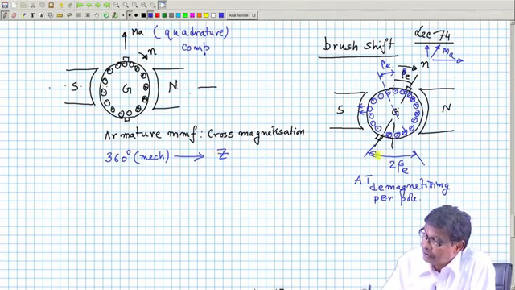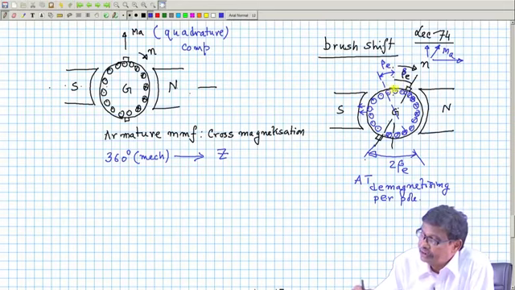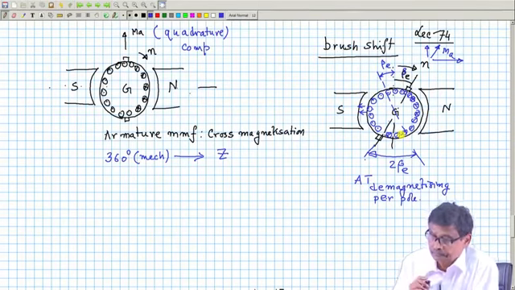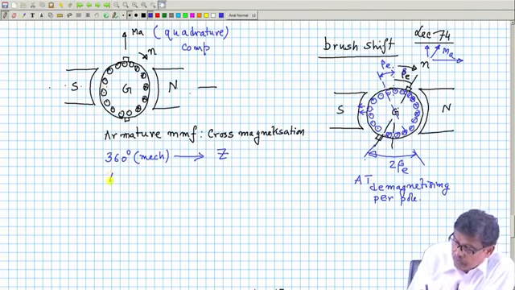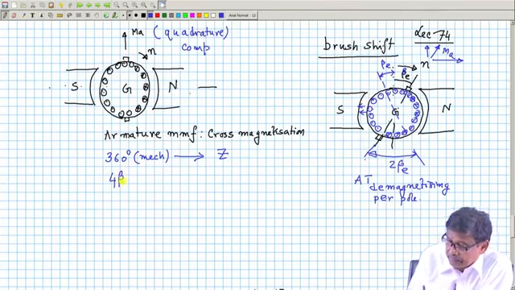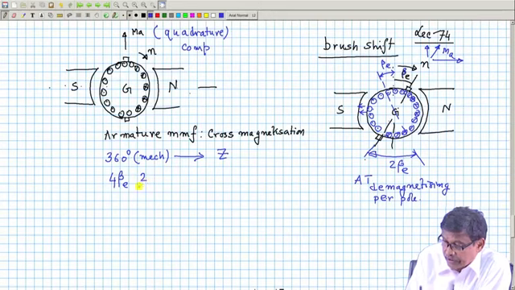Then I have to calculate how many conductors are present in these 4 beta E angles. So, 4 beta E converted to mechanical into 2 by P.